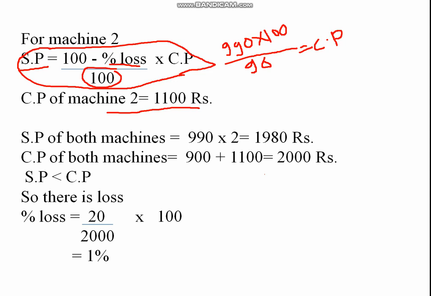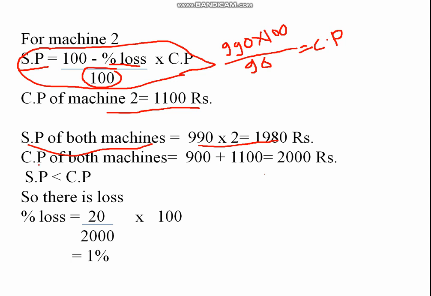First we find the CP of machine 1, and then the CP of machine 2, according to the given information. Now we have to find the percentage profit or loss in the total transaction. The SP of both machines is given, which is 990 into 2 equal to 1980 rupees.